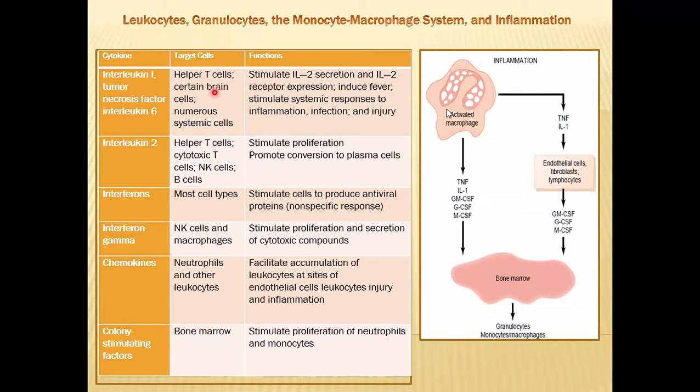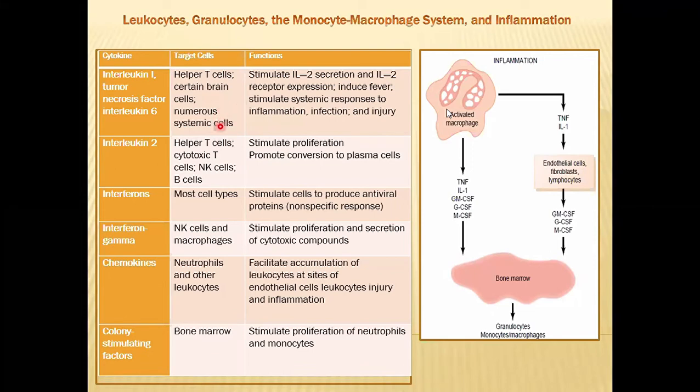What is the function? Interleukin-1 stimulates interleukin-2 secretion and interleukin-2 receptor expression. It also induces fever, and they stimulate systemic response to inflammation, infection, and injury. So this group: interleukin-1, TNF, interleukin-6.